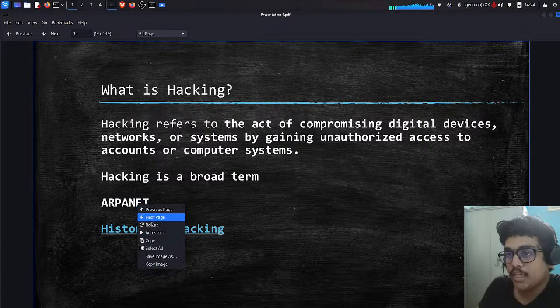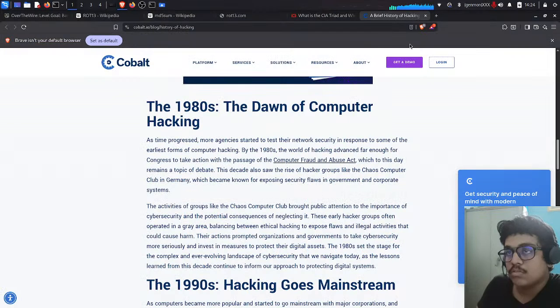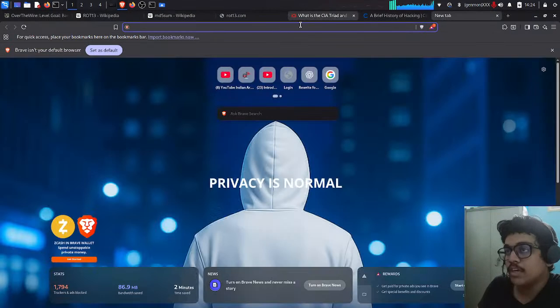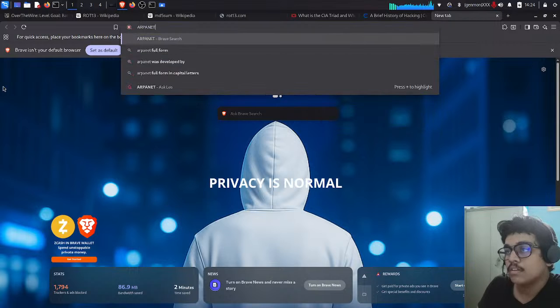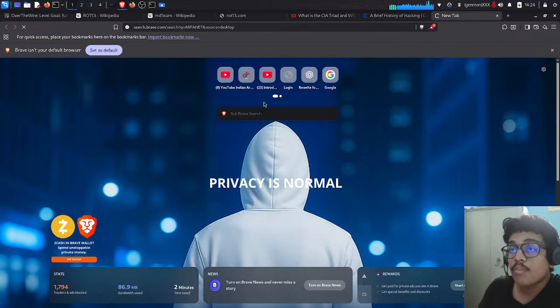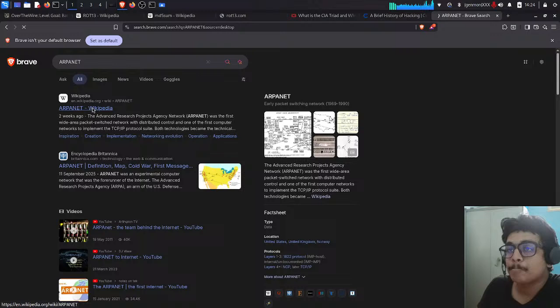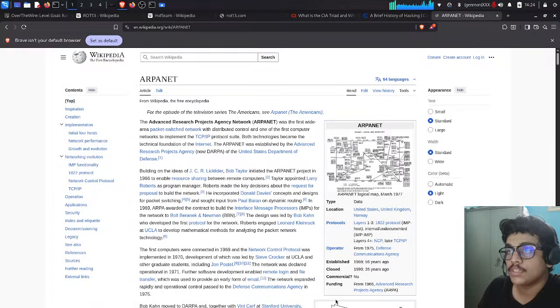Let's see what Wikipedia says. ARPANET was the Advanced Research Projects Agency Network, and was the first wide area packet switched network.